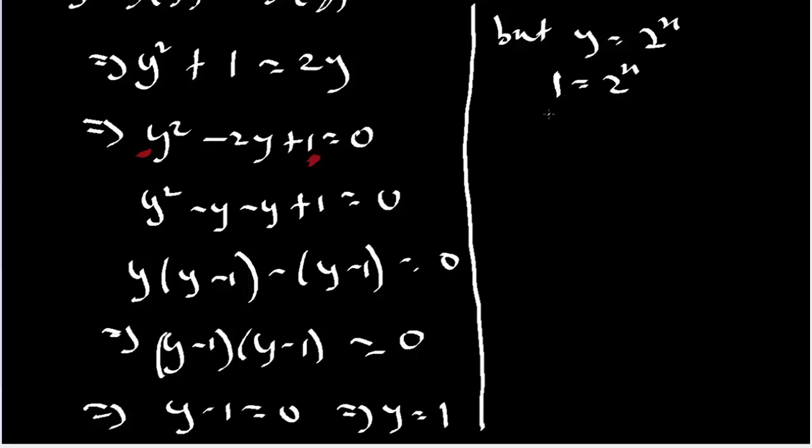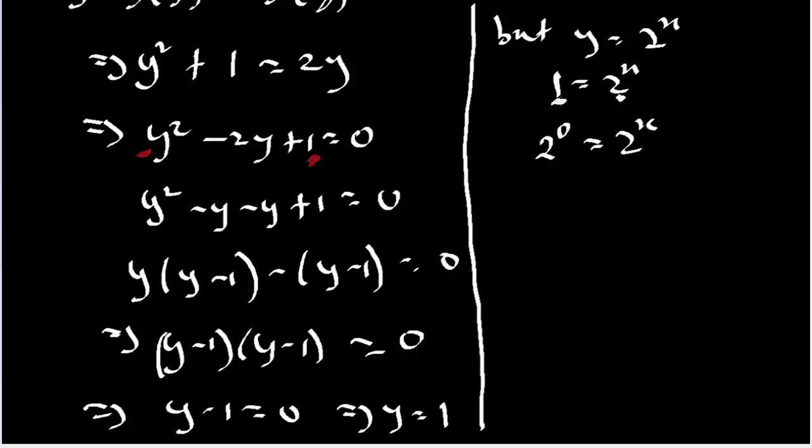So 1, we can rewrite 1 as 2 exponent 0, and that is equal to 2^x. Know that any number exponent 0 is 1. So to be able to do the comparison easily, once we see base of 2 here, we can think of how to also write the 1 in terms of 2.